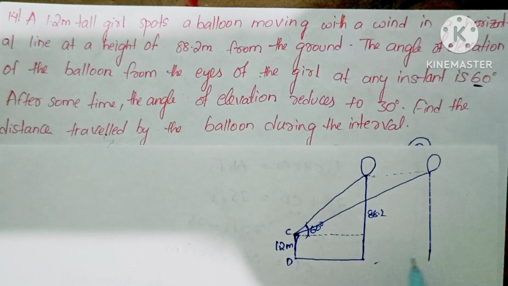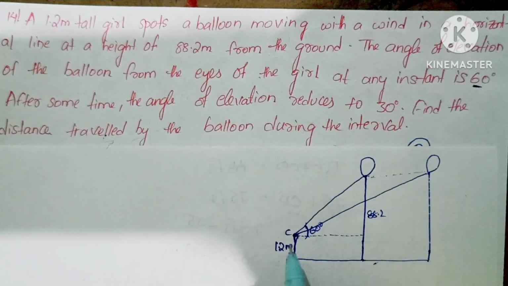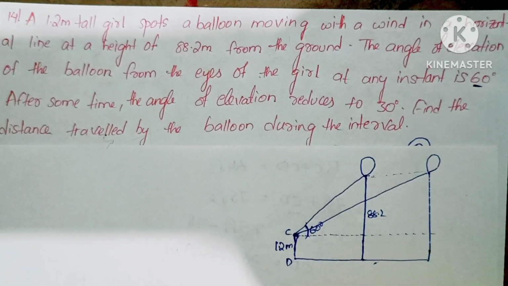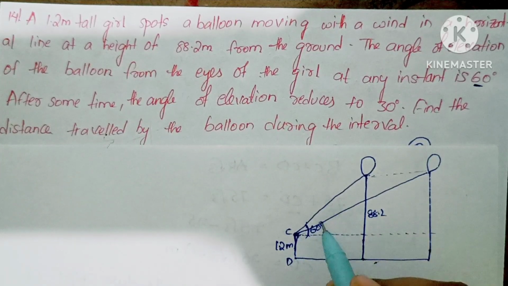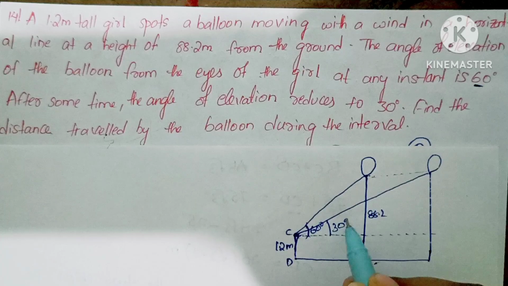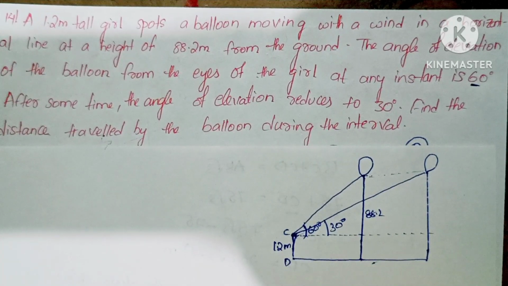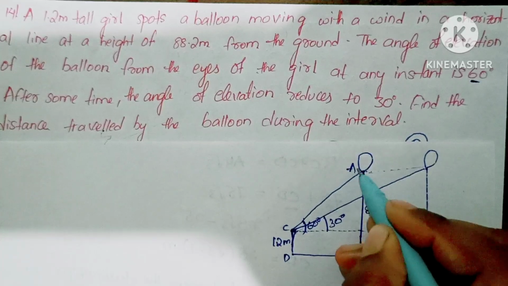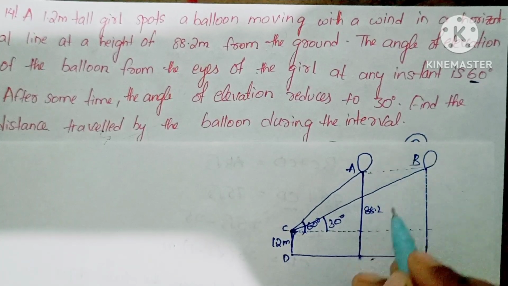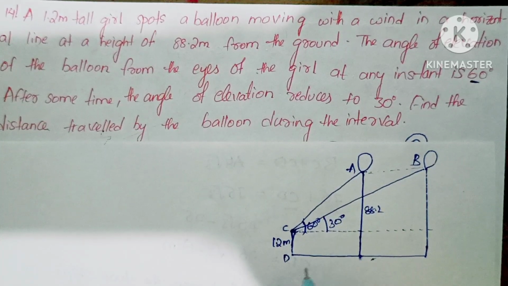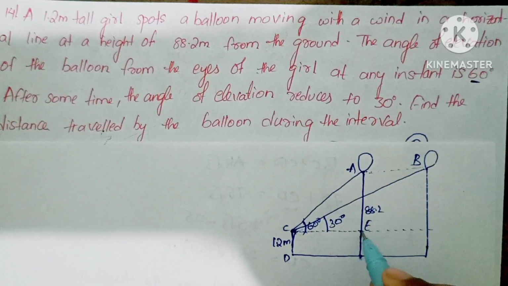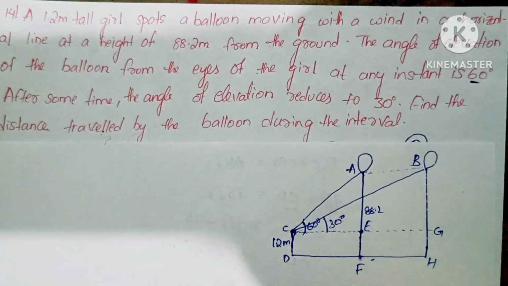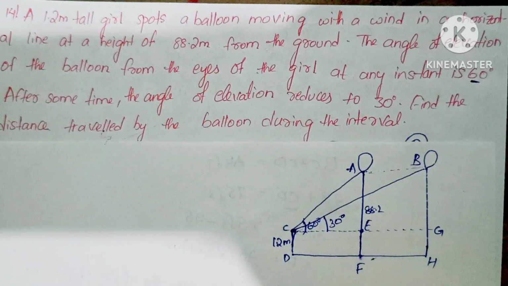So this one is the ground, here the observer's eye, and we draw a straight line. From here it was a 30 degree angle of elevation. This one is the diagram. Now I am giving names to this: A, B, C, D, E, F, G, H.